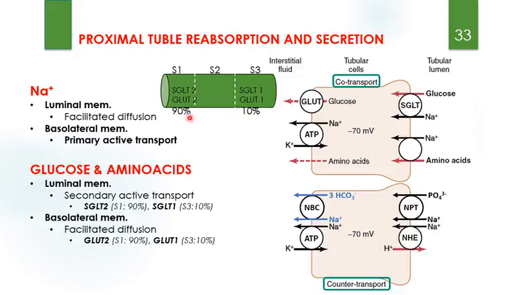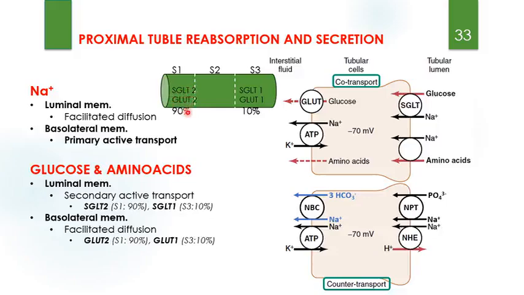But the transporters in the initial segment of the proximal tubule and in the last, or third, segment of the proximal tubule differ. For example, 90% of glucose transportation occurs by way of sodium glucose transporter type 2 in the luminal membrane, and by way of GLUT type 2 in the basolateral membrane.